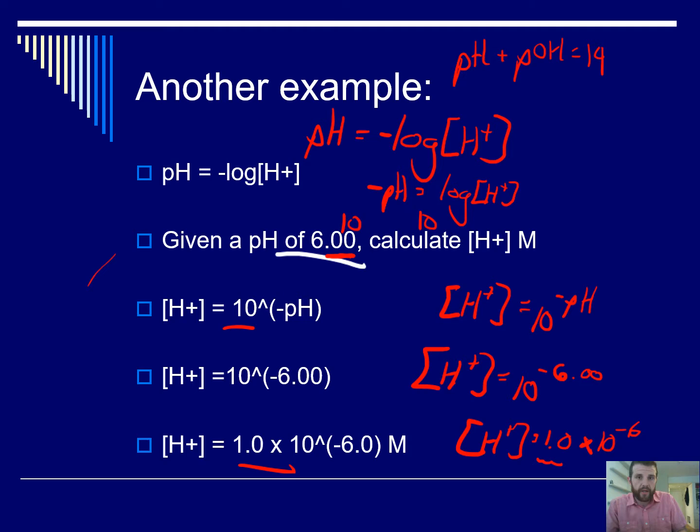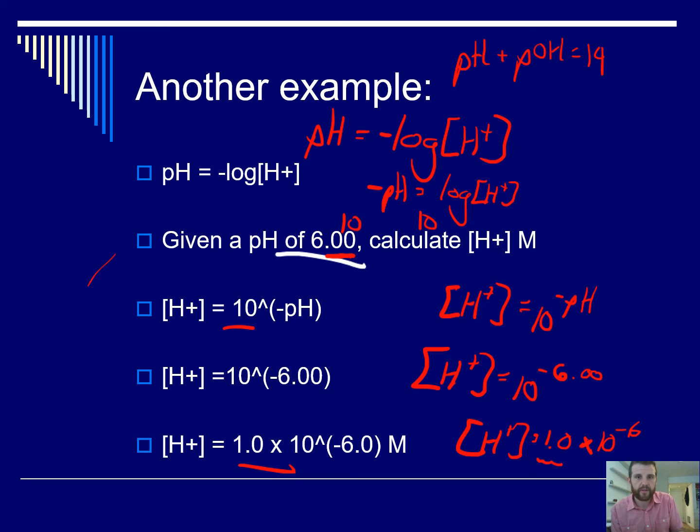To undo a negative log, first you're going to move the negative over, so you should end up with negative pH equal to the log of the concentration of H+. And then you just raise both sides; it becomes an exponent, and you end up getting 10 to the power.